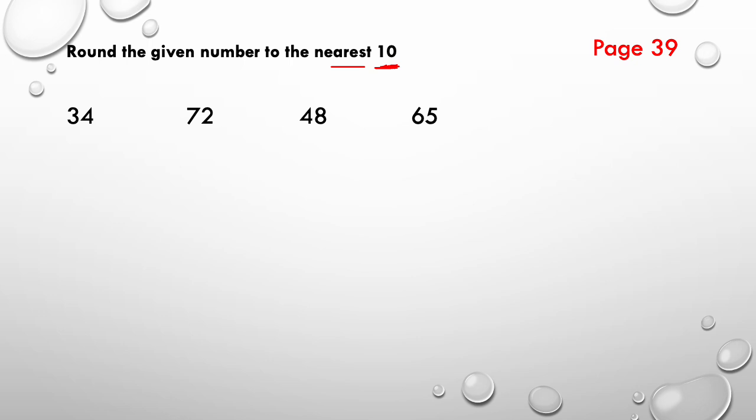Now the question is 34. When it is nearest to 10, you need to look at the last digit of the number. This is 4. You know that 4, 3, 2, 1, 0 will round down.